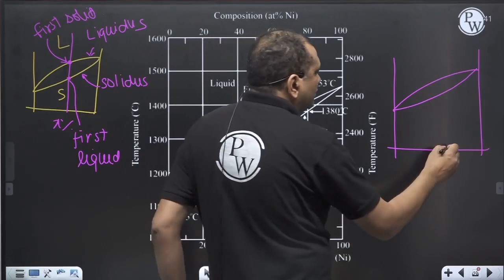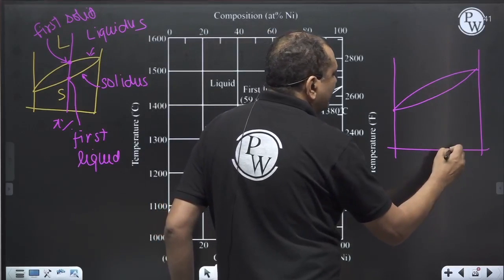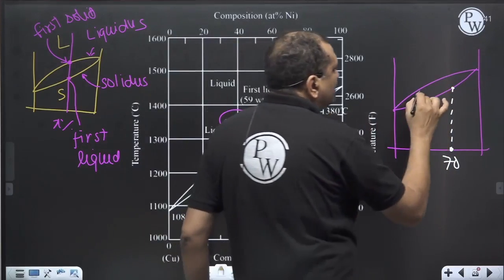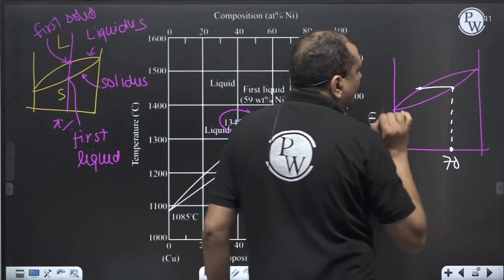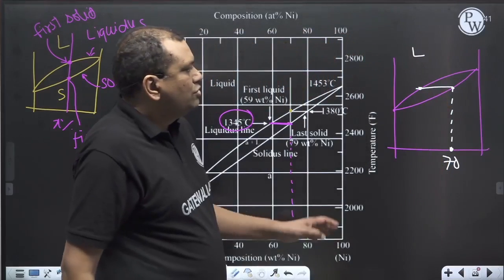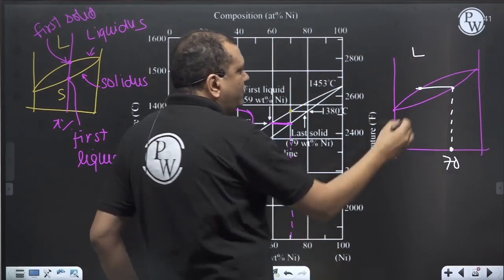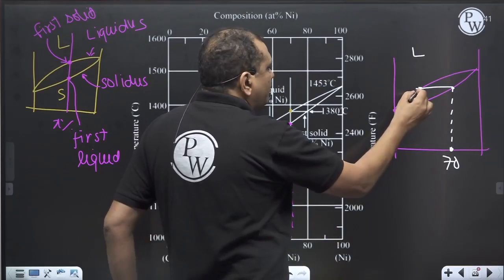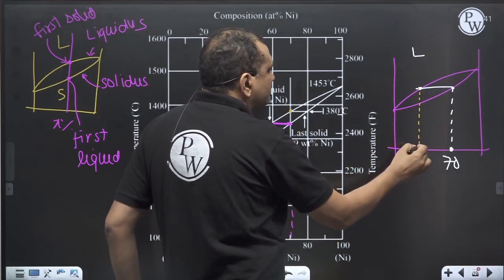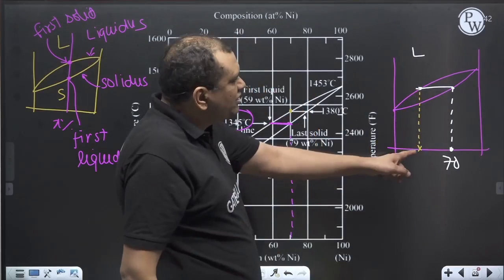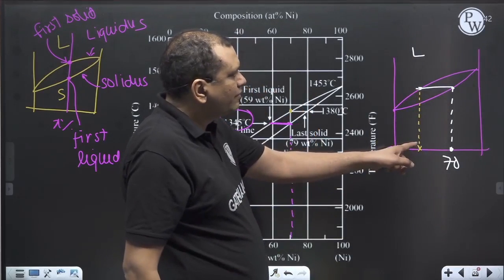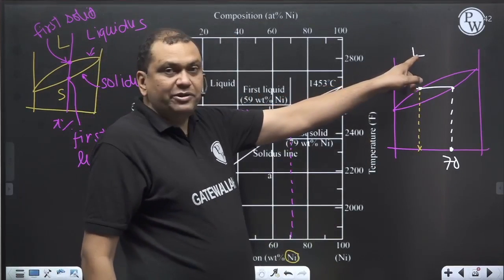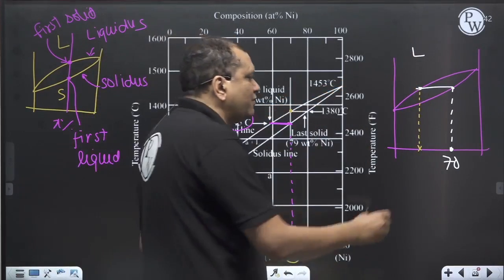So this is the 70%. The first liquid appears, and here you draw a lever arm. If you project this, this composition will tell you the percentage of nickel in the liquid phase.